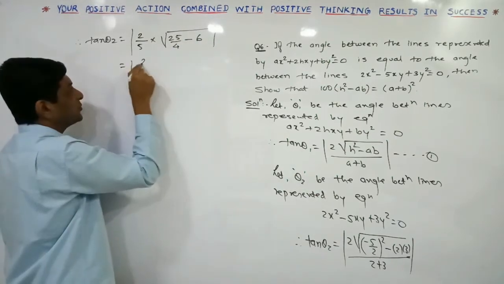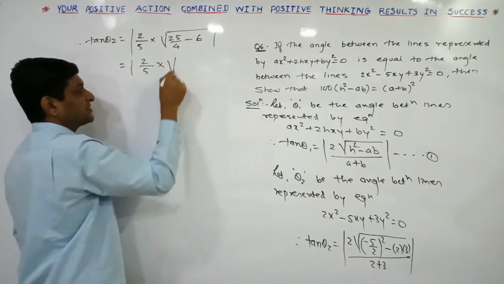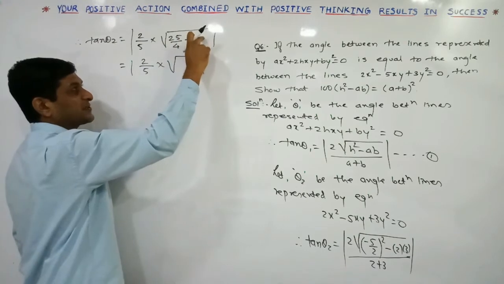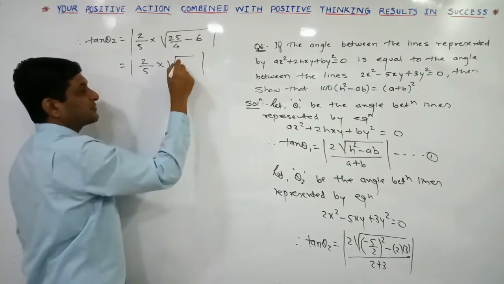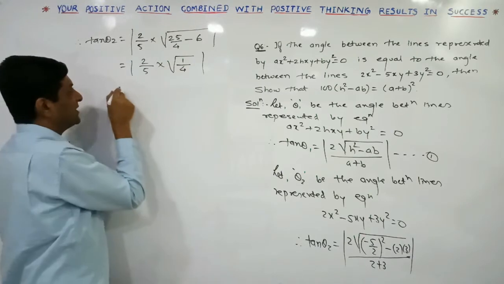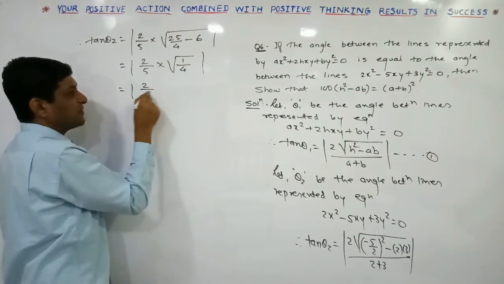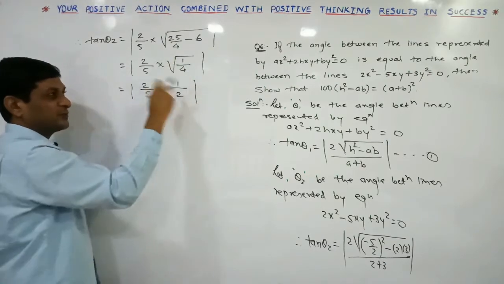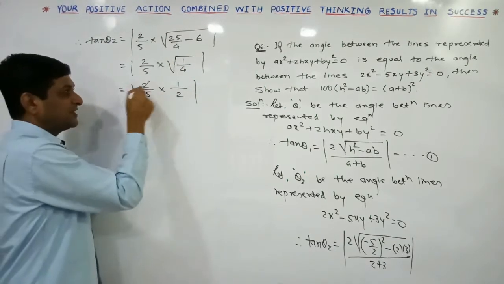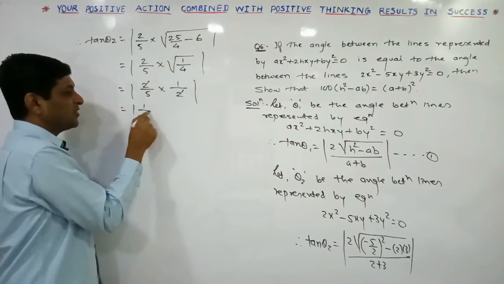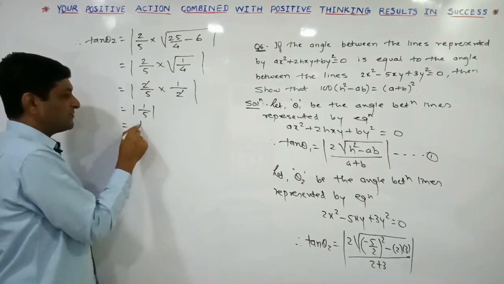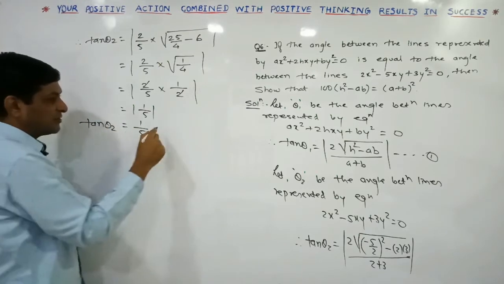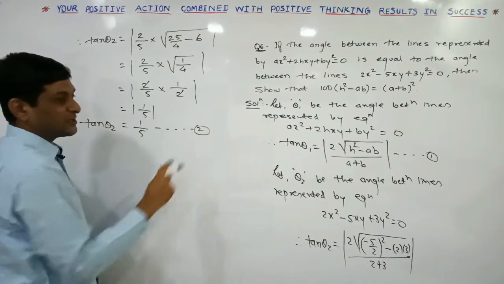So it is equal to 2 by 5 into, taking cross multiplication, 4 into 6 is 24. 25 minus 24 will be 1 by 4. So it is equal to 2 by 5 into its square root, which is 1 by 2. Square root of 1 is 1, square root of 4 is 2. After cancelling 2 and 2, what is the remaining term? 1 by 5. And mod of 1 by 5 is equal to 1 by 5. This is nothing but the value of what? Tan theta 2. Let us denote it by equation number second.